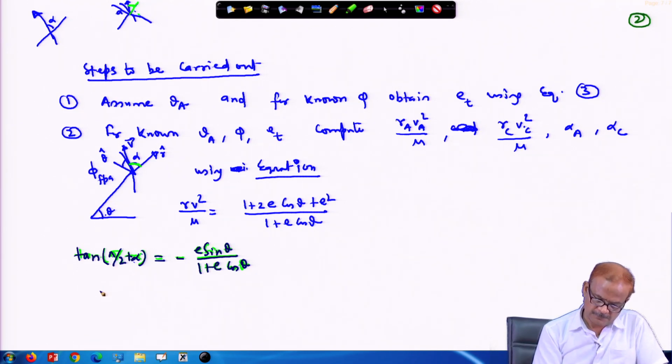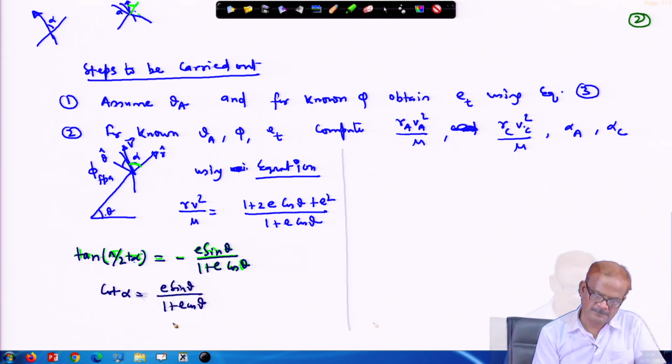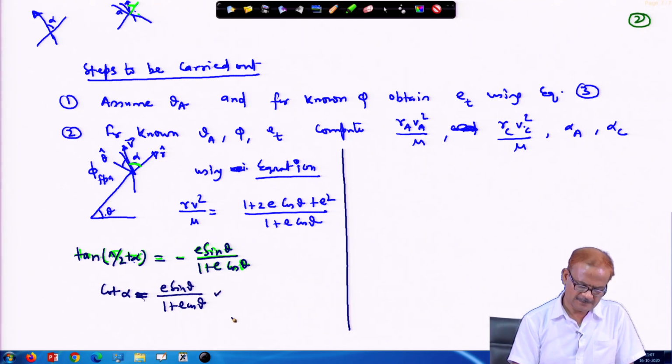Okay. So, from this place we get cot alpha equal to E sin theta divided by 1 plus E cos theta. Okay. So, cot alpha we have written like this.